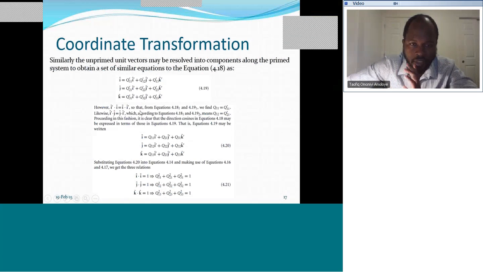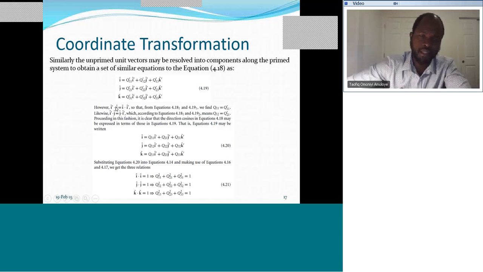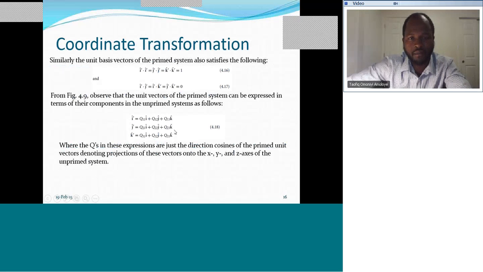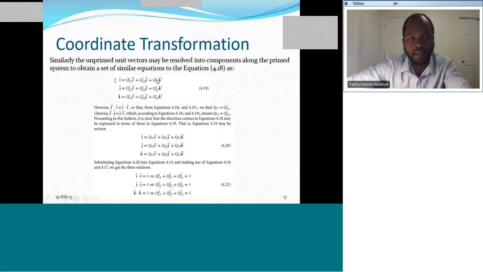Oh, sorry, I've skipped something. So we have equation 4.19. However, we note that I prime dot I equals I dot I prime. That is, if you dot I prime in equation 4.18 with I in equation 4.19, you see that they end up being the same.